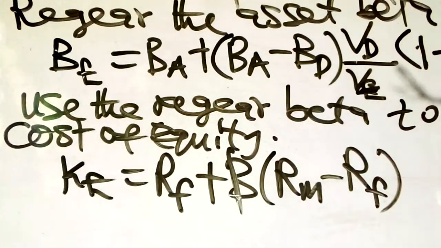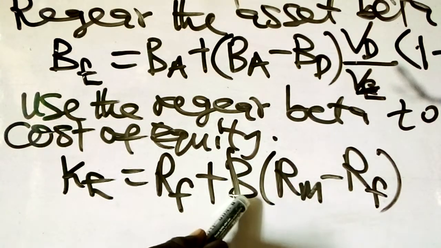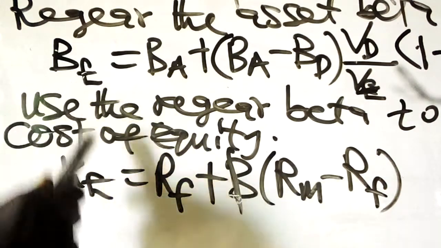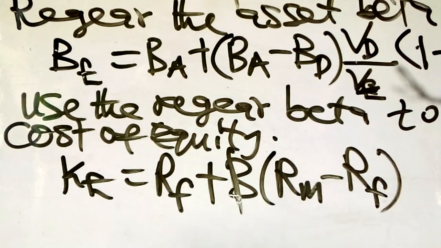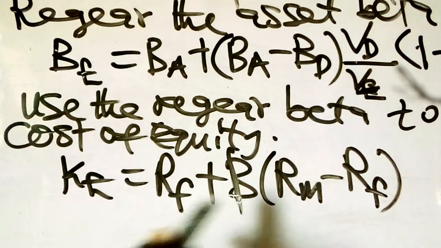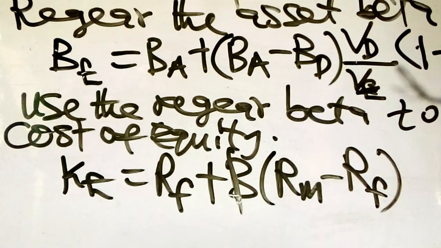Remember, RF is the risk-free rate, this is the beta as obtained, and RM is the average return on the market. Then RM minus RF is the equity risk premium or average market risk premium. For better understanding, go over my lectures on the capital asset pricing model.